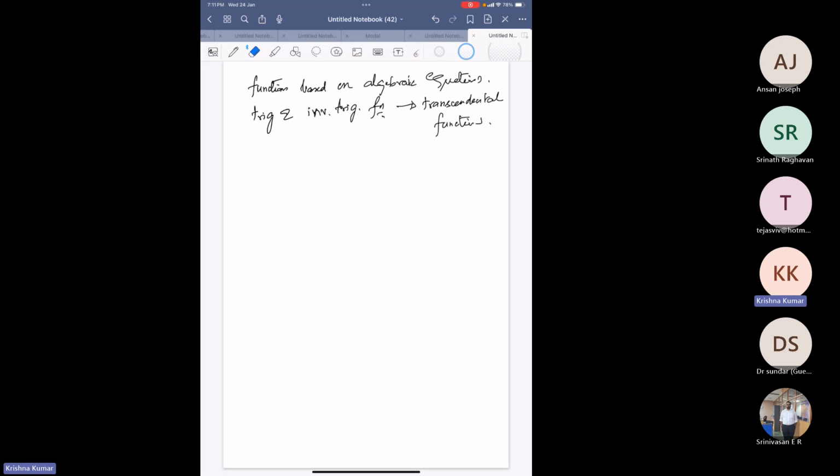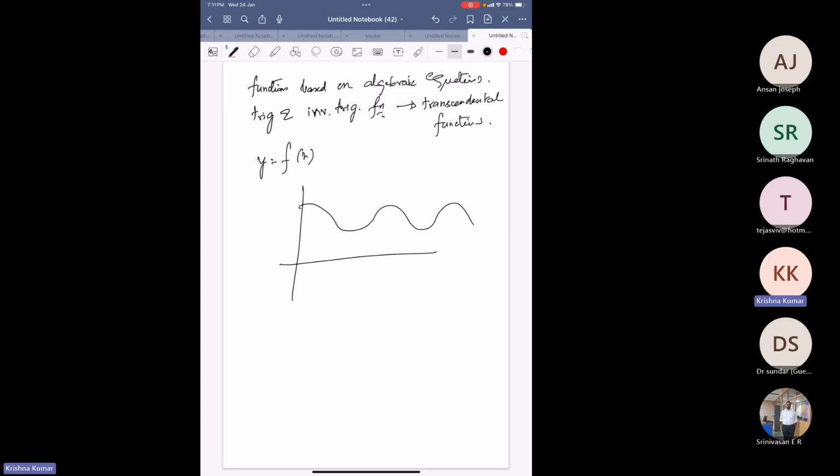Let us say y is equal to a function of x. Now there are a number of operations you can do on this. It can be any function. Let's say the function is like this.